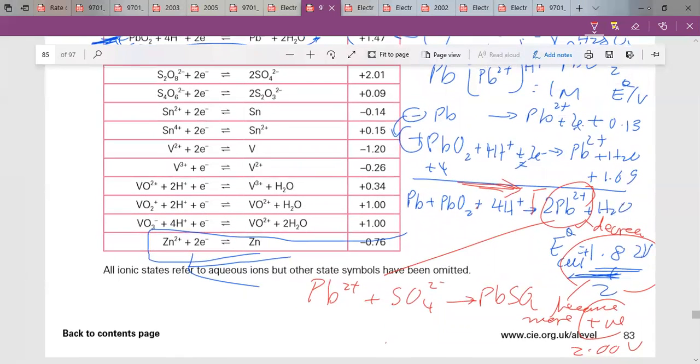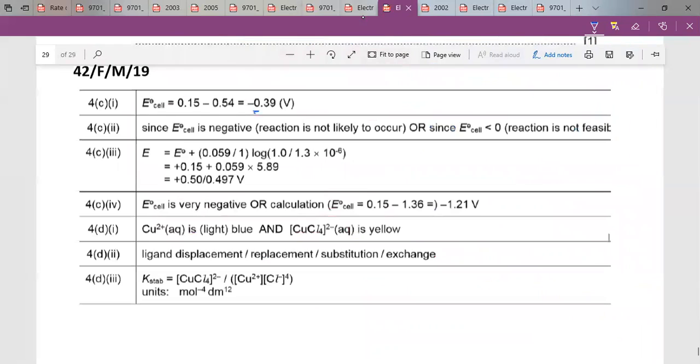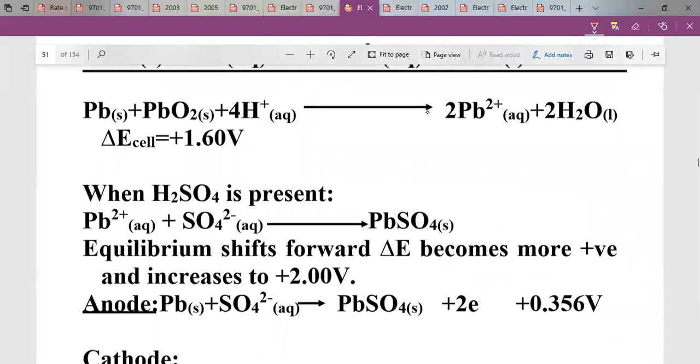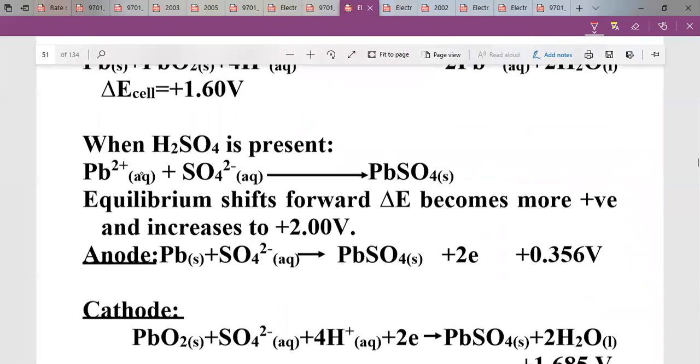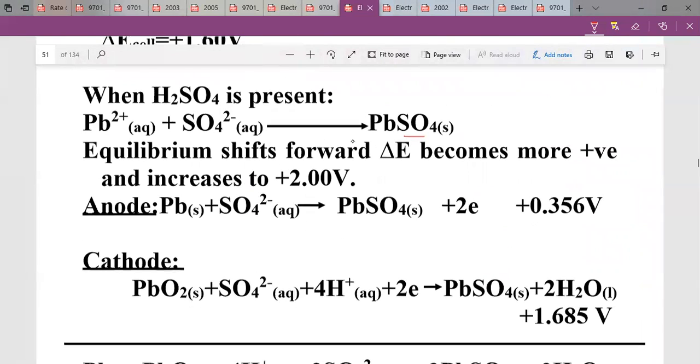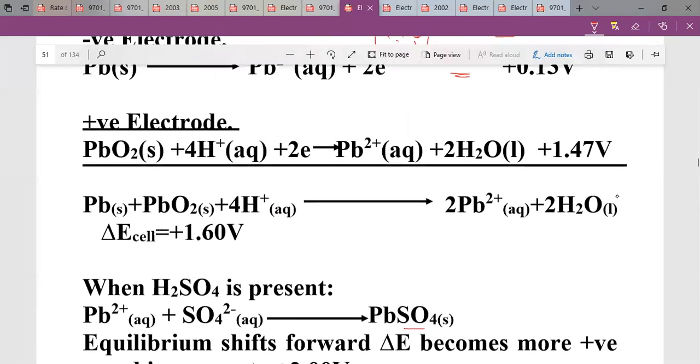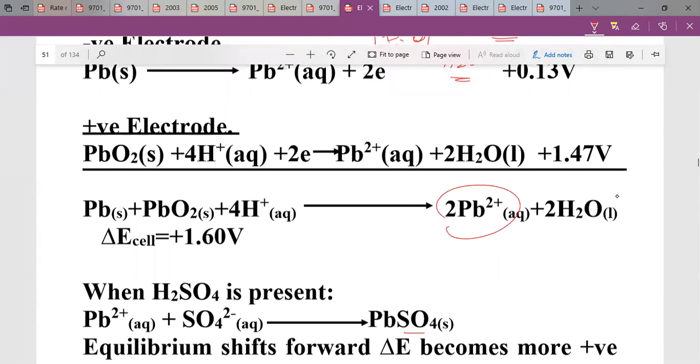Now, let's look at here. I've got the whole thing here. When H2SO4 is present, it becomes this one here. So when this one decreases, when this one goes down, equilibrium shifts forward.